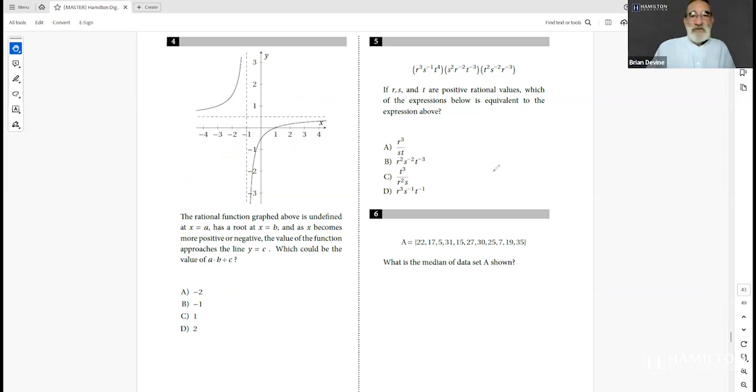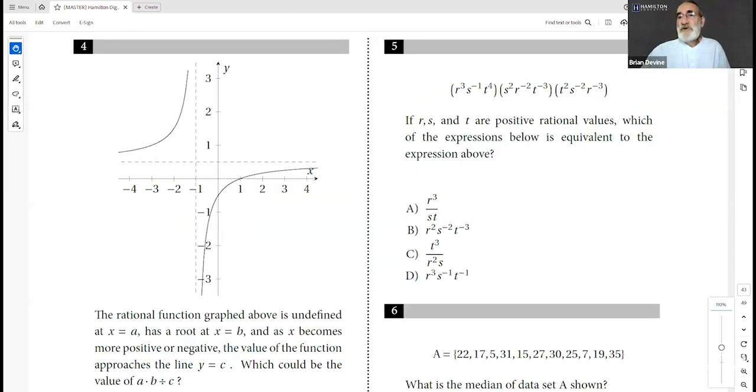Question 5. Let me zoom in on that just a little bit. In question 5, if R, S, and T are positive rational values, which of the expressions below is equivalent to the expression above? Well, it looks like product rule for exponents.